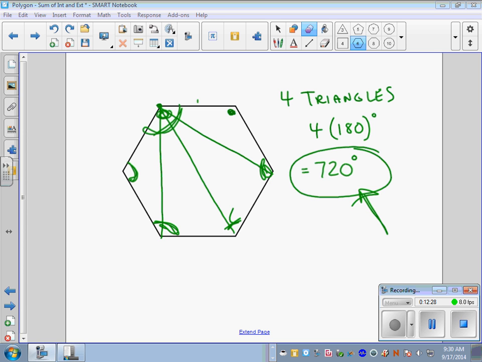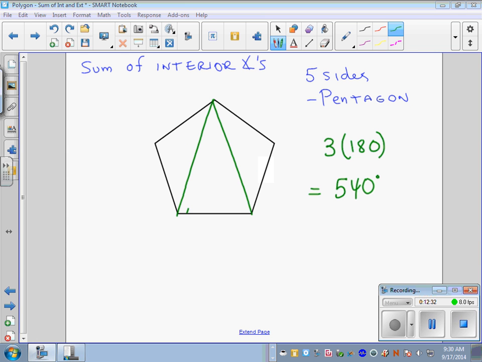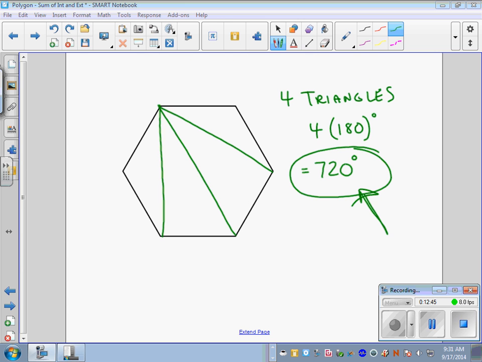And what best way to do that is kind of look for a pattern. So I'm going to back up at the previous drawing and show you something. Okay, here we are. We know that there's 3 triangles in there, and they add up to 540 because 3 times 180. But here's the cool thing. This is a 5-sided figure with 3 triangles.